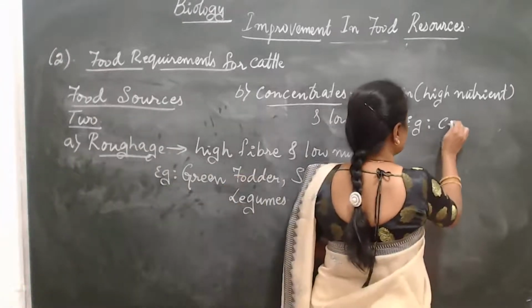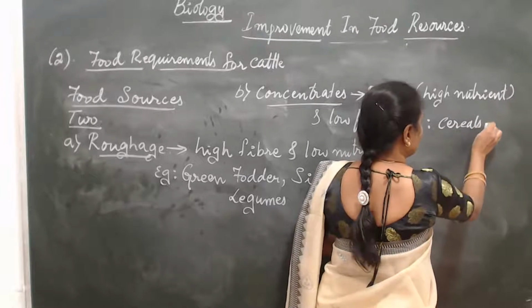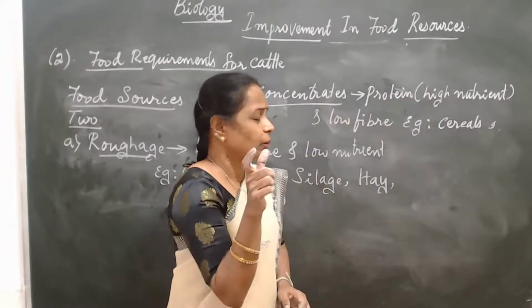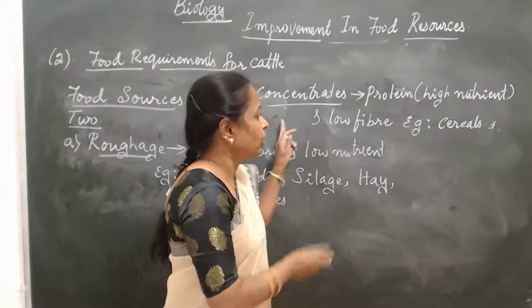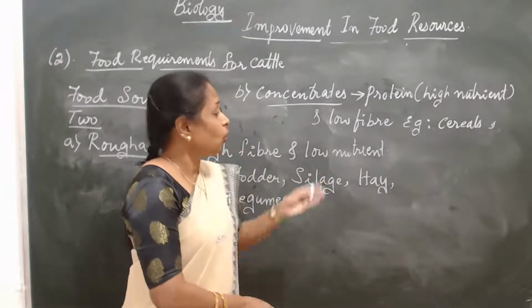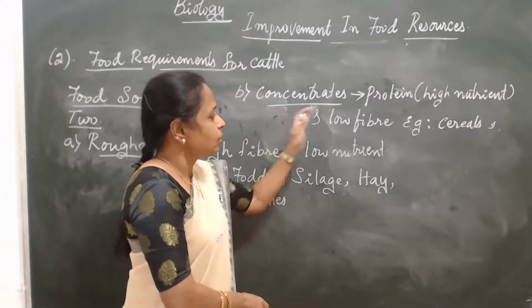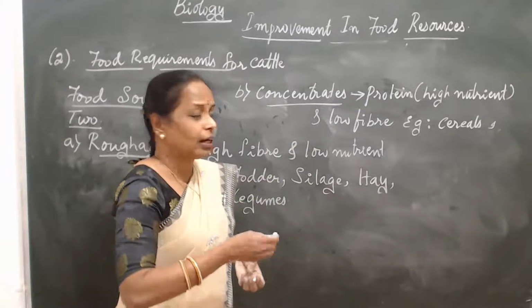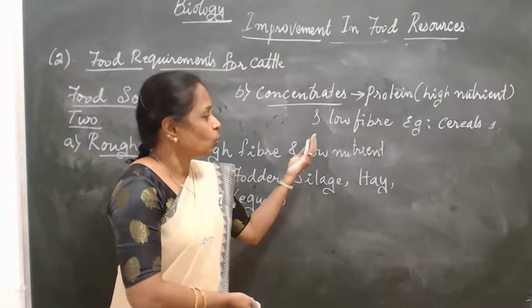Here we can go for the cereals. All this will be given to the animals in the form of powder, or in the form of cake. All these cereals and products which are left over after harvesting, and you don't feel like cleaning them. So what happens?